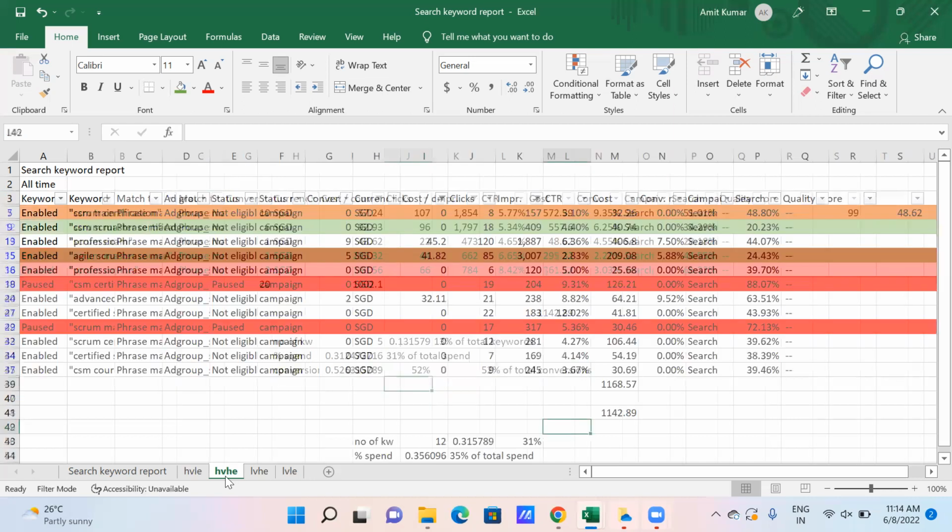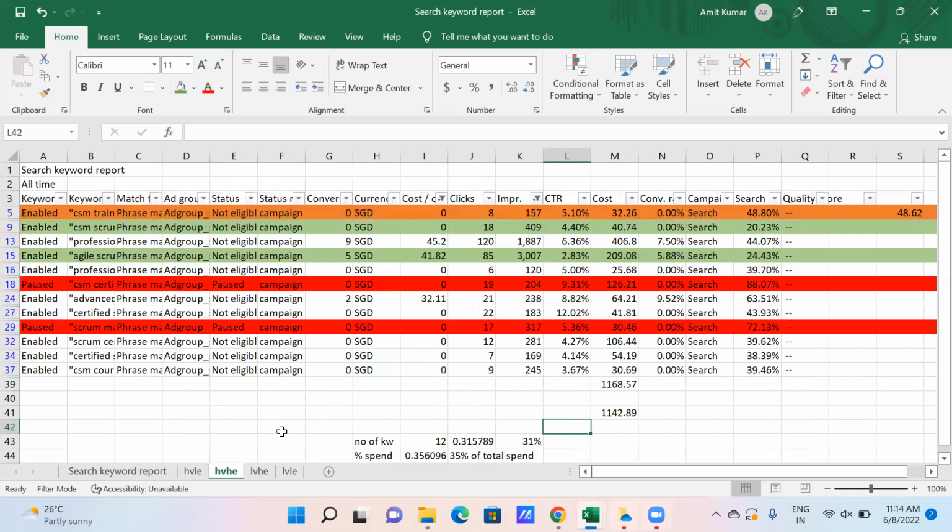Similarly, if I have to calculate high volume and high efficiency, my median, as I said, is 35 for cost per conversion, so anything less than 35 is high efficiency. In volume, anything more than the median is high volume. Sorry, 48 was my median for cost per conversion, so everything is less than 48.